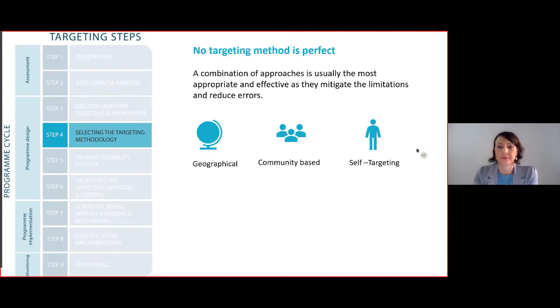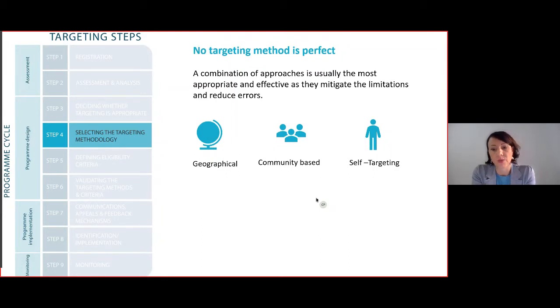Great, thank you. So we were at community-based targeting. In this method, the leaders of the communities and the community itself validate the eligibility criteria for the targeting, and not only validate, but also define those criteria.